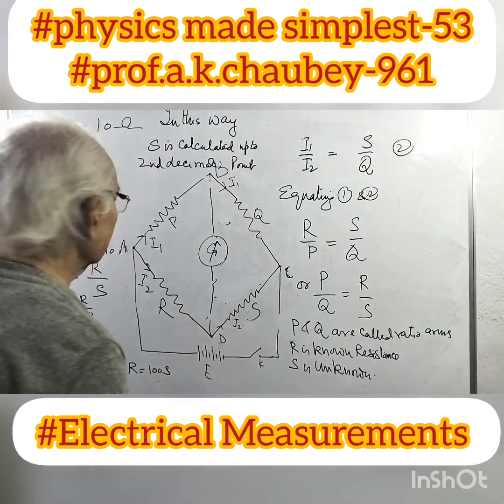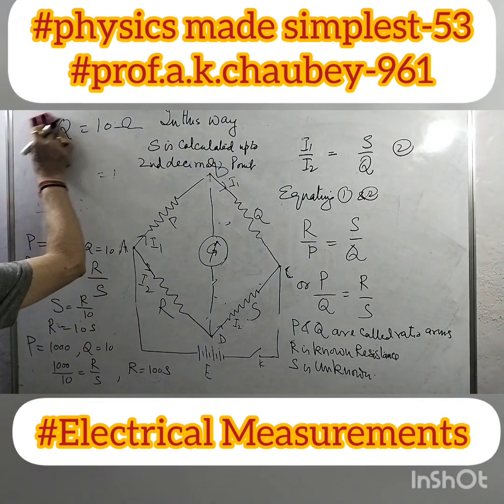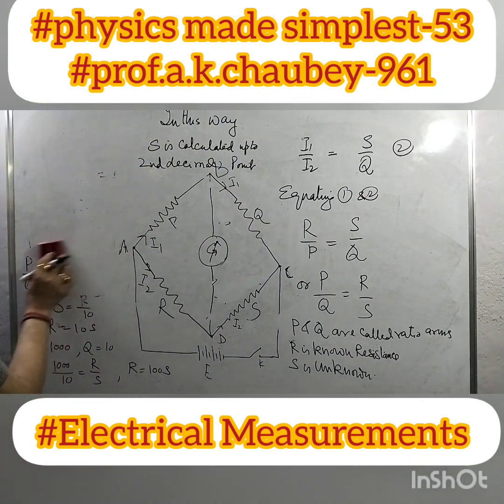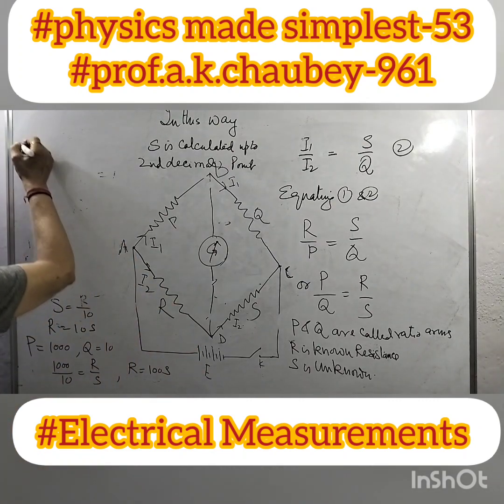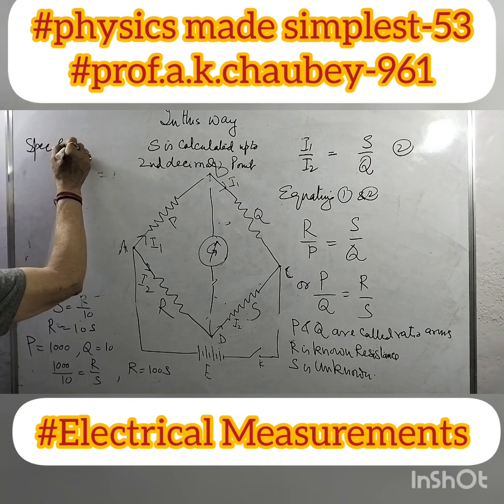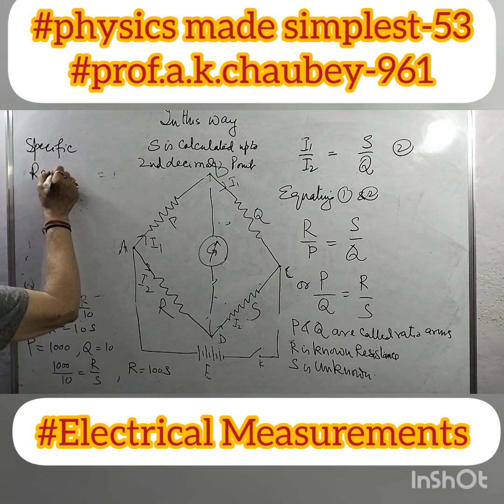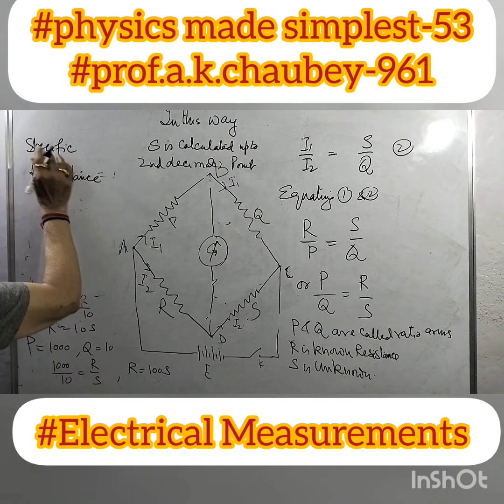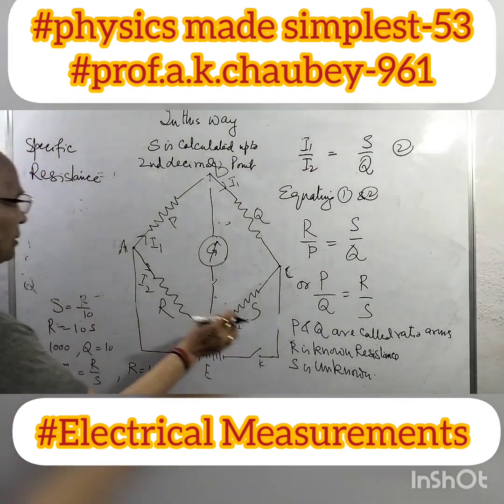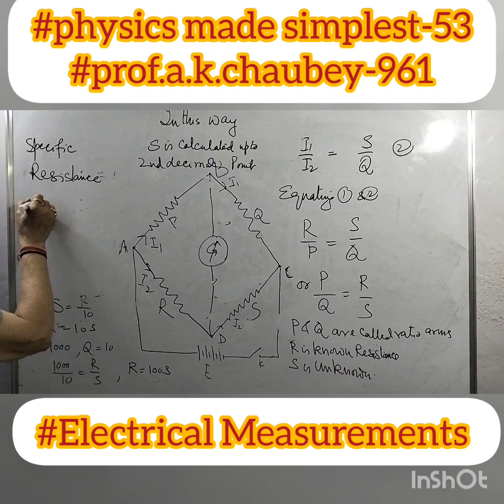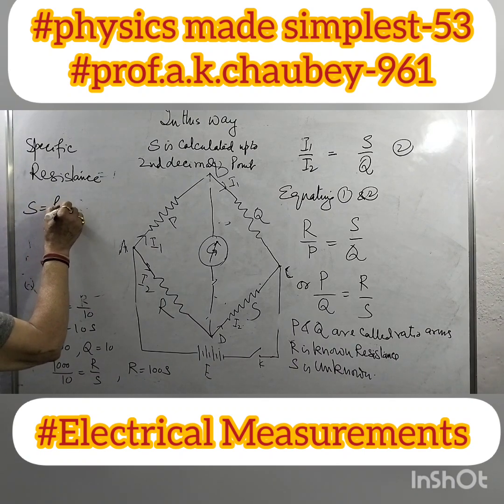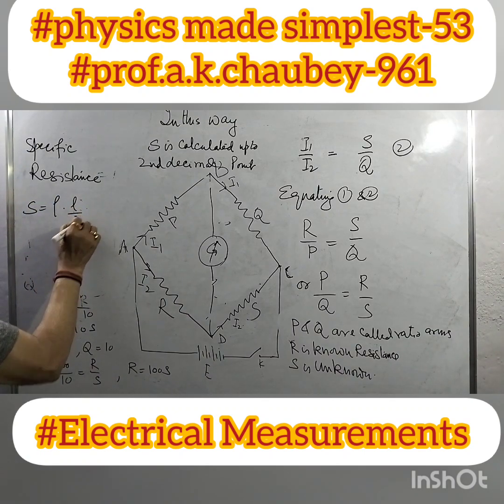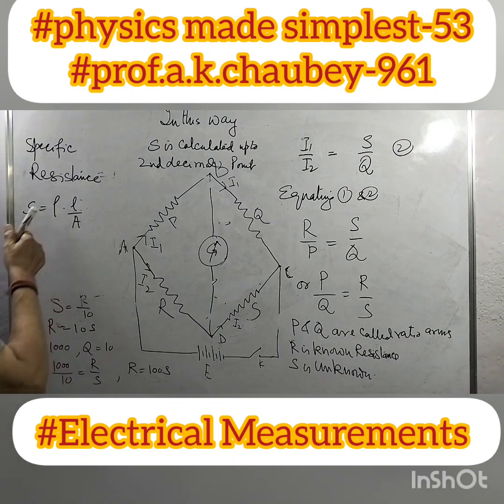So this method is good to calculate the specific resistance of any resistor material by measuring S, because you know that S will be rho L over A. So if the length of the wire and the area A are known, rho can be measured.